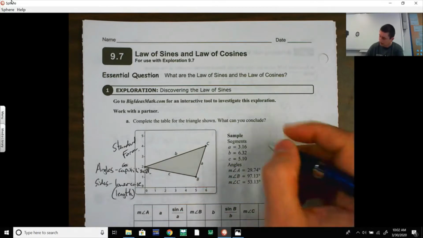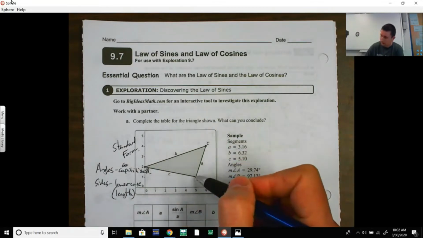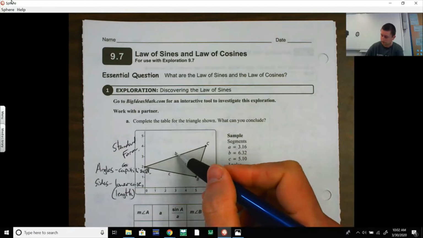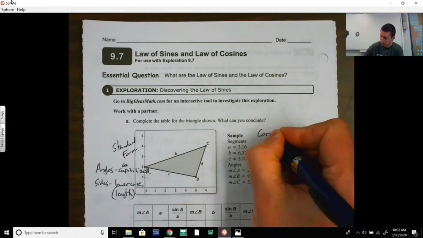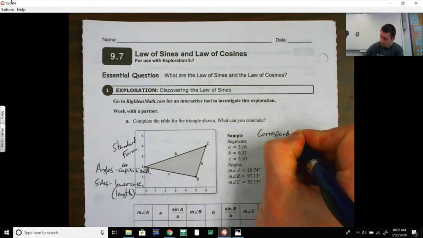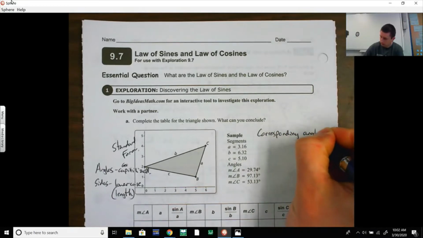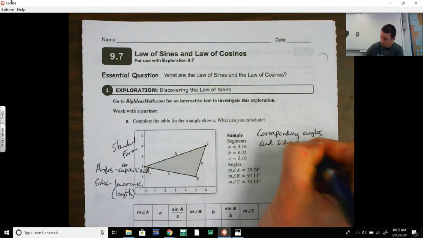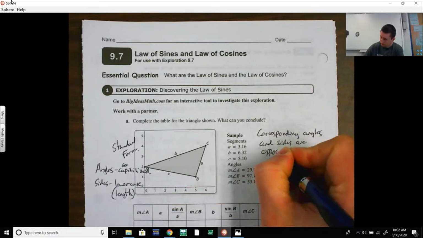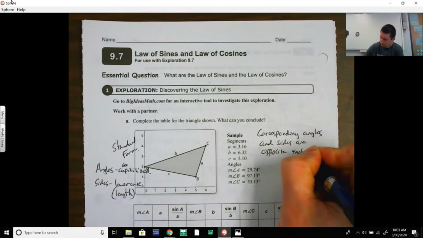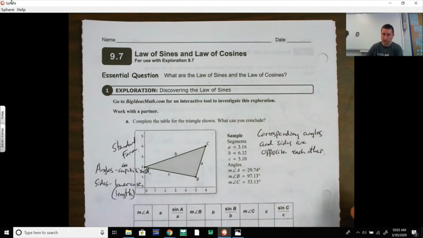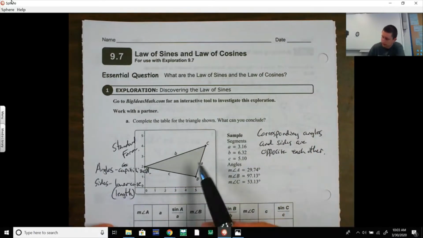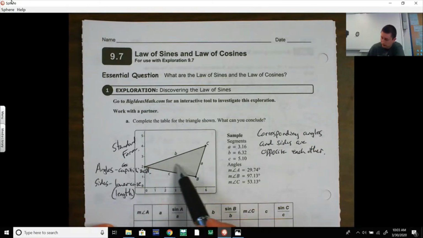Now, the other thing is notice that angle B is opposite side b. So corresponding angles and sides are opposite each other. The A's, B's, and C's will be mostly used. So opposite angle A is side a.